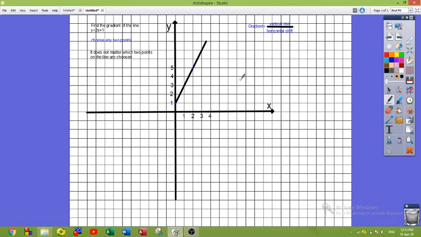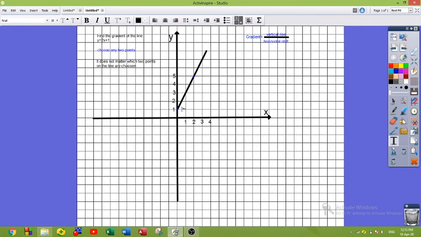Let's write them. The coordinate of A will be x is 0, y is equal to 1.